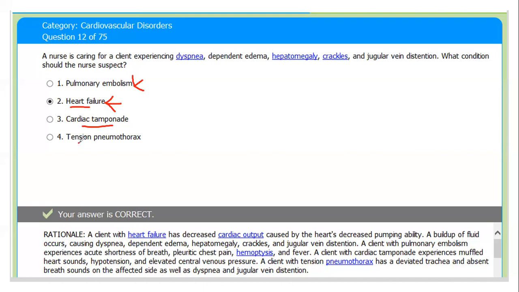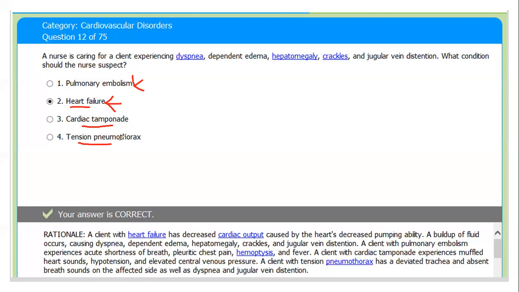Let me go on. What is pneumothorax? It is called tension pneumothorax. I'm sure most of the students know what pneumothorax is, but few of them know what tension pneumothorax is, right? Pneumothorax means air inside the pleural space around the lungs. But what is tension?